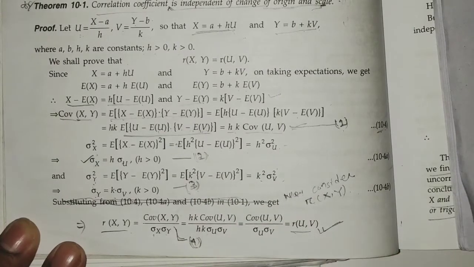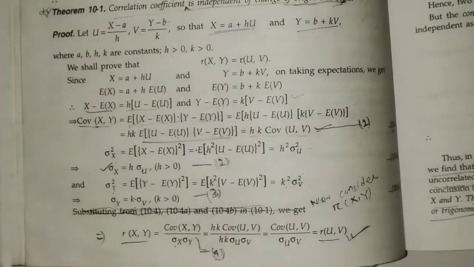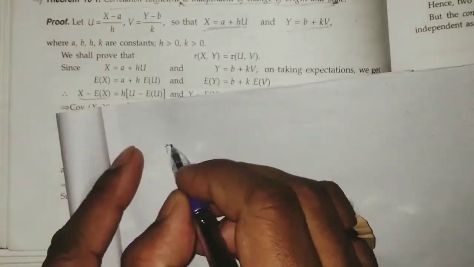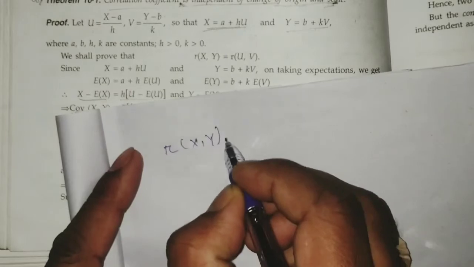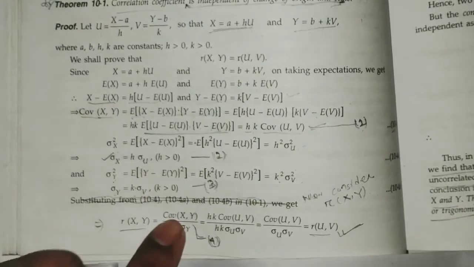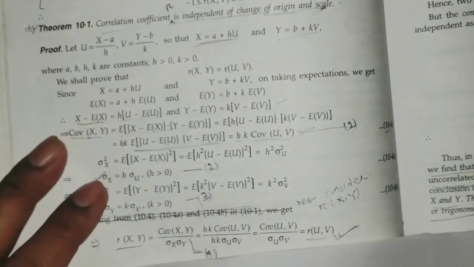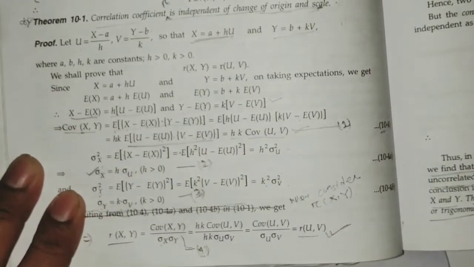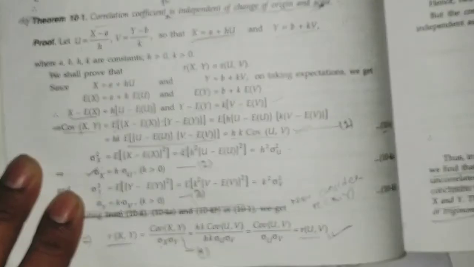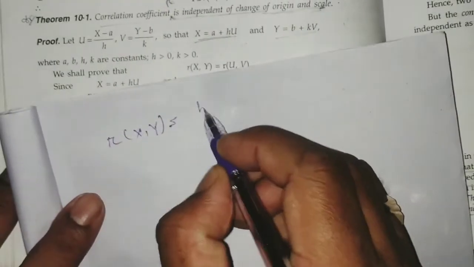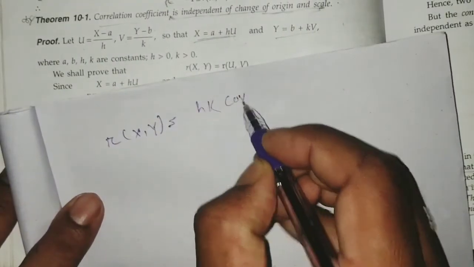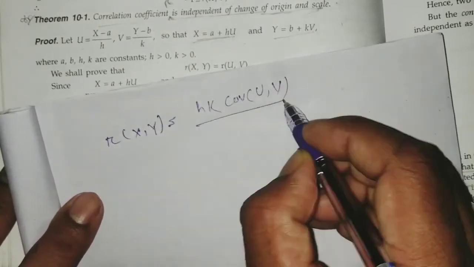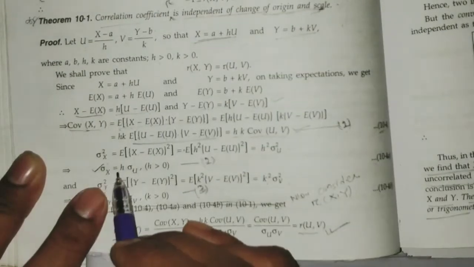We got rxy equal to, instead of covariance of xy, from equation number 1, hk into covariance of uv, divided by standard deviation of x.